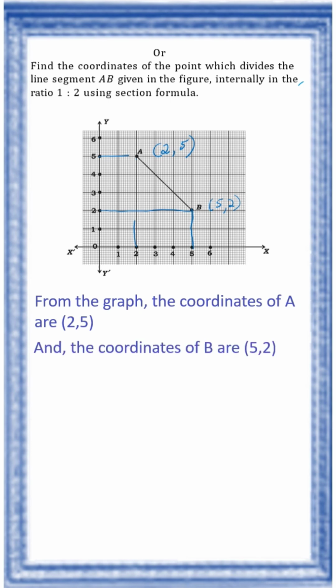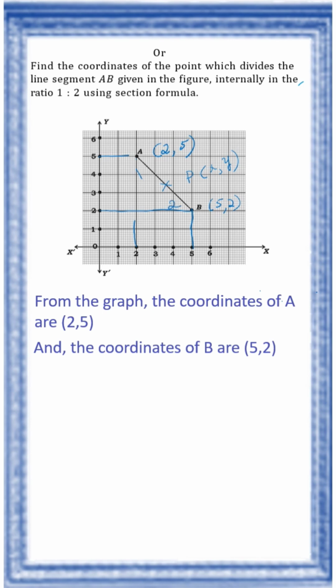Now a point P divides. Let a point P be somewhere, we don't know where it is, but internally. Let its coordinates be x, y and it divides the line segment in the ratio 1 is to 2.